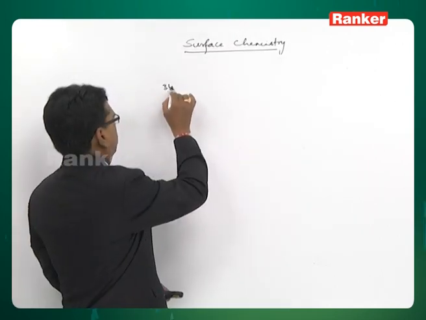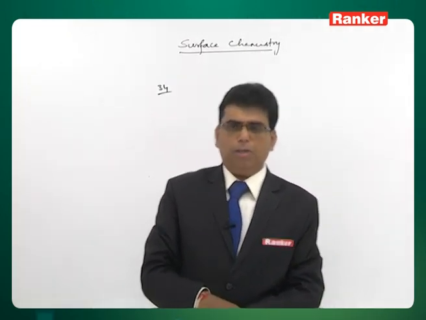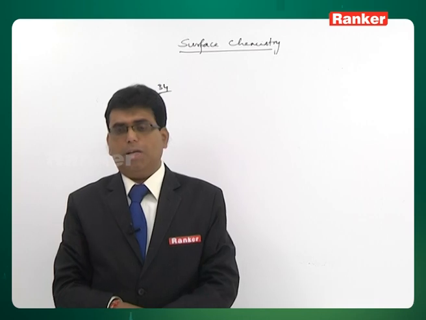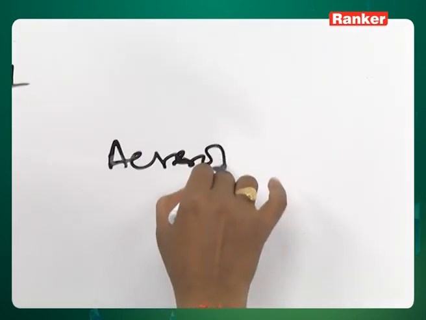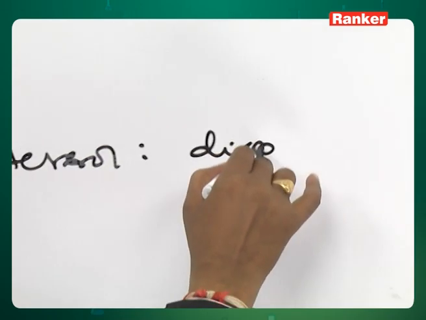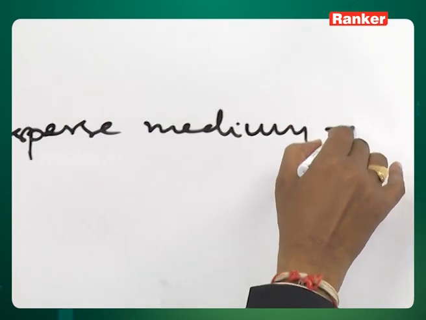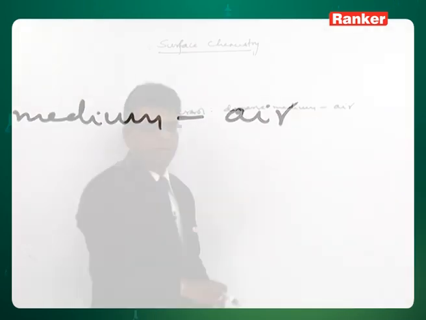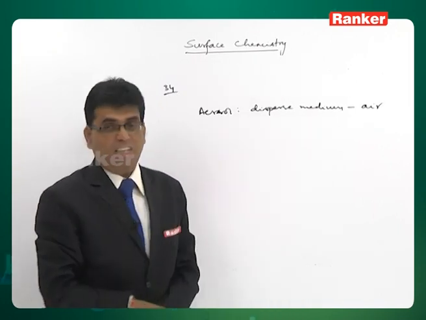Question number 34. Which is not the aerosol type of colloid among the following? Aerosol means the dispersed medium is air. So, smoke is definitely an aerosol because it is present in the air.